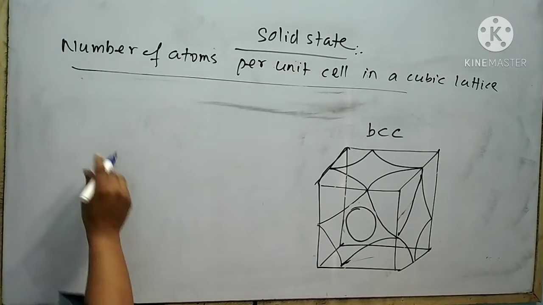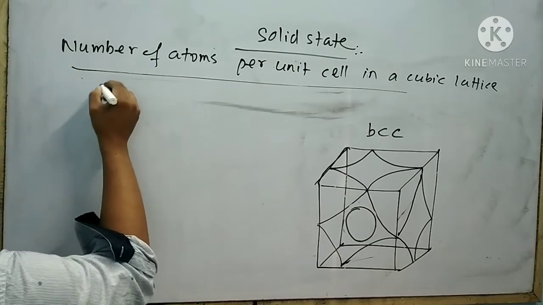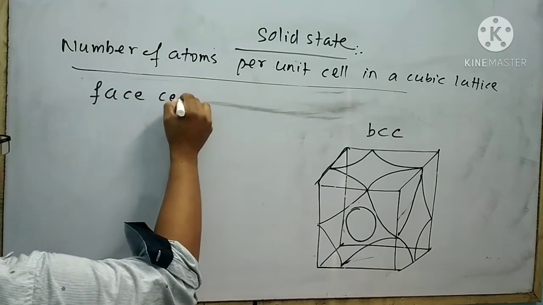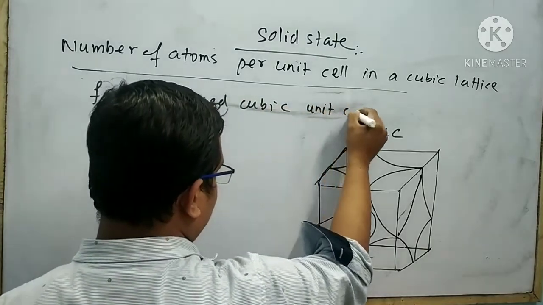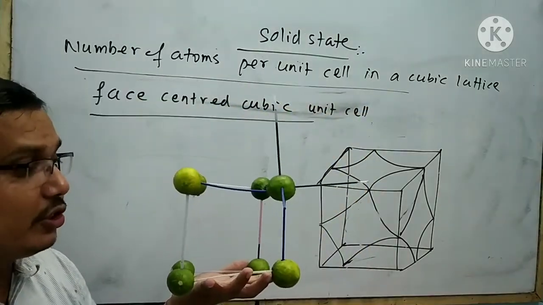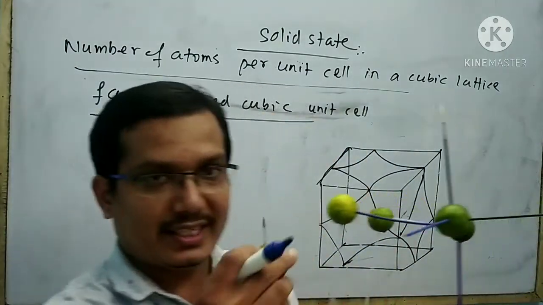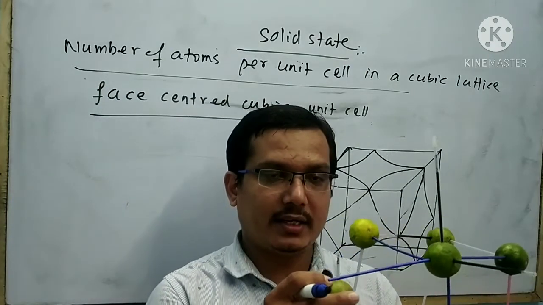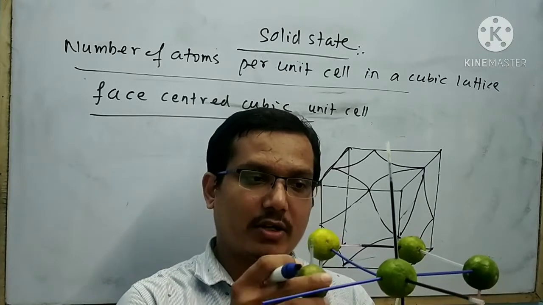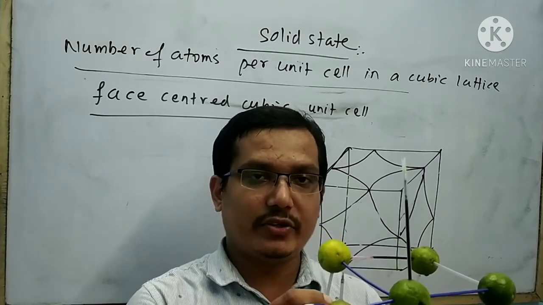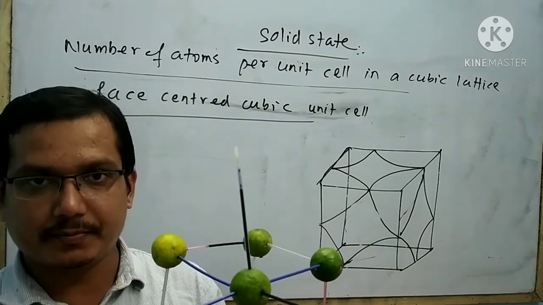Next, I will explain the number of atoms for the face centered cubic unit cell. This is your simple cubic unit cell. When 6 constituent particles are present at the centers of the 6 faces of this unit cell, then this unit cell is said to be a face centered cubic unit cell.